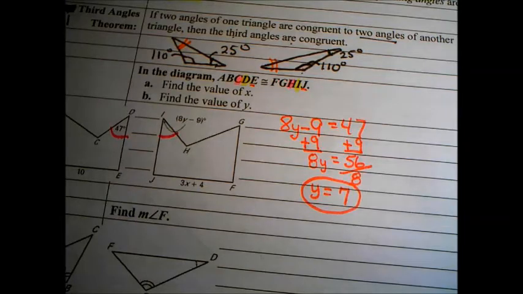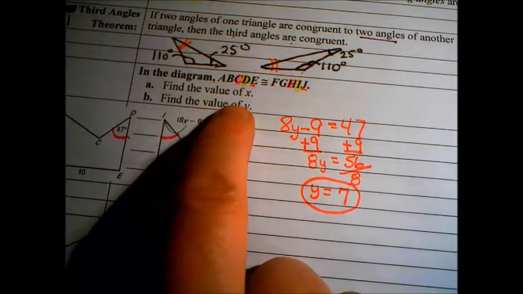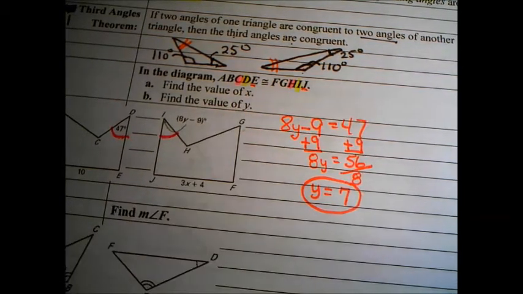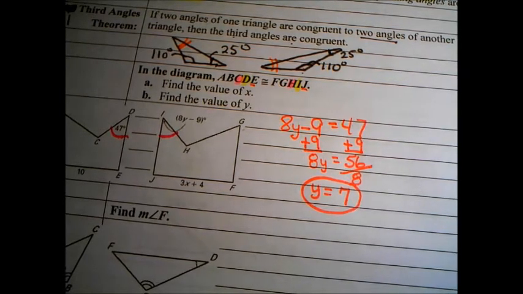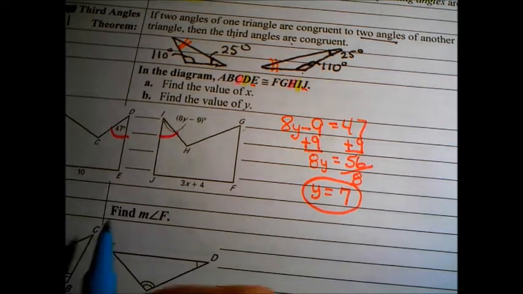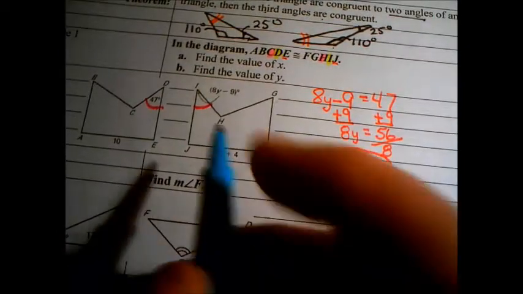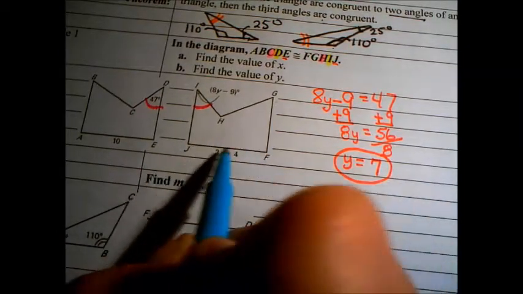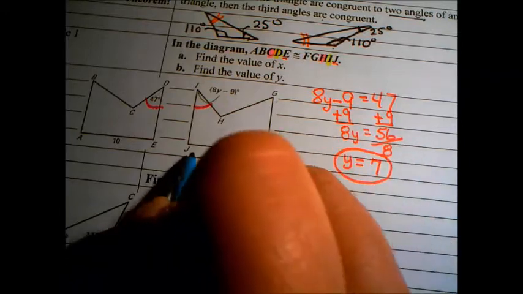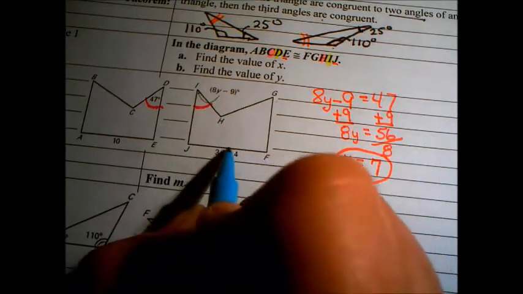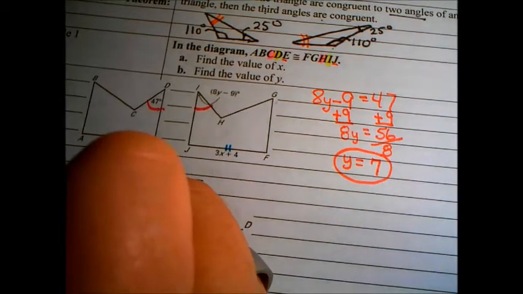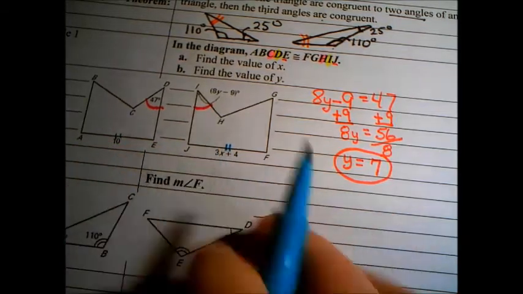That gives me y, but I also have to find x. I kind of did them backwards. So to solve for x, I see x is on the bottom edge down here. JF is going to be congruent to the bottom of the other side, which is 10.